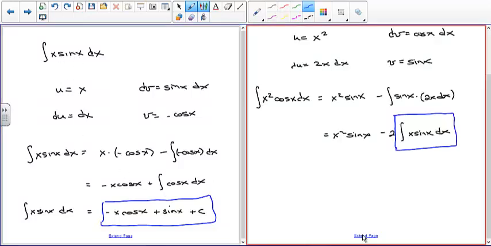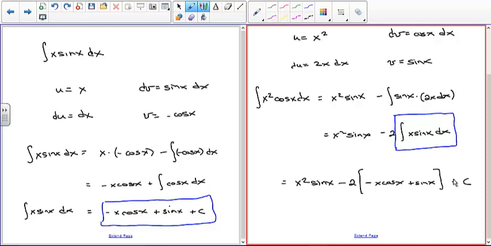So ultimately, the final answer here is going to be equal to x squared times the sine of x minus 2 times the result of this integral, which I just did, which is negative x cosine of x plus sine of x. And I just add an arbitrary constant at the end. I don't multiply it by 2 or anything like that.